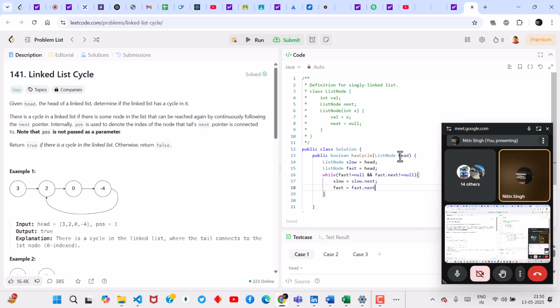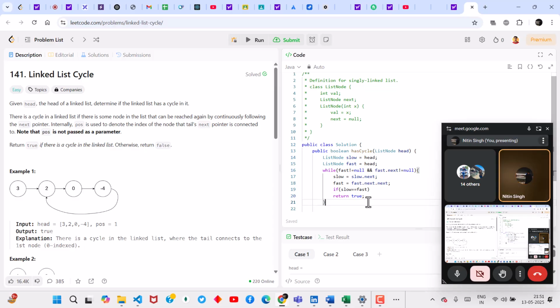Fast.next. And if at any particular iteration you get to know that slow and fast are pointing to the same node, that is the situation of a cycle in the linked list. So I'll be returning true. And let's say I haven't found any situation where my slow becomes equal to fast.